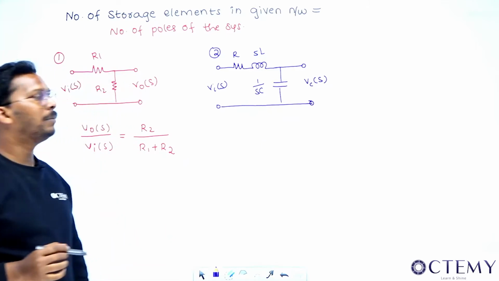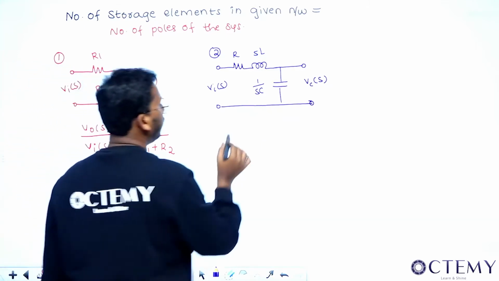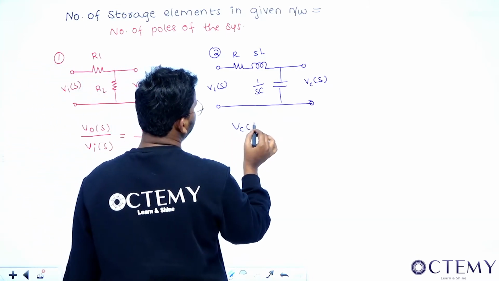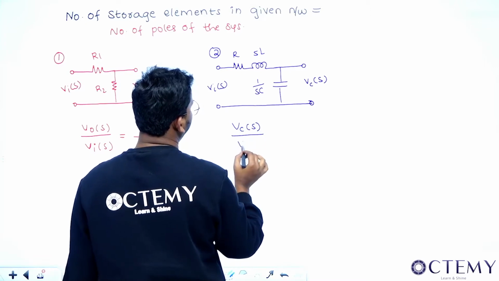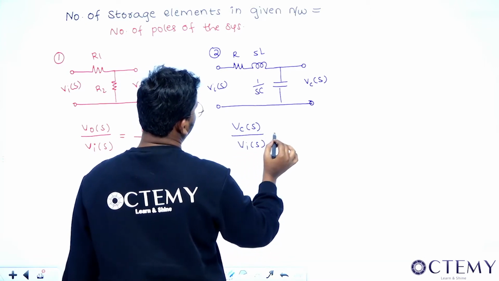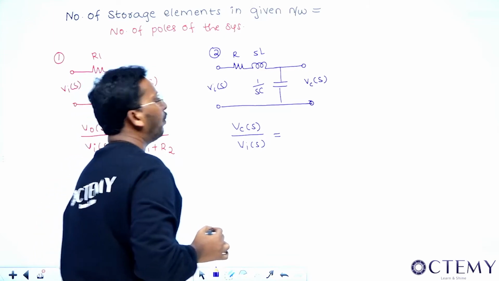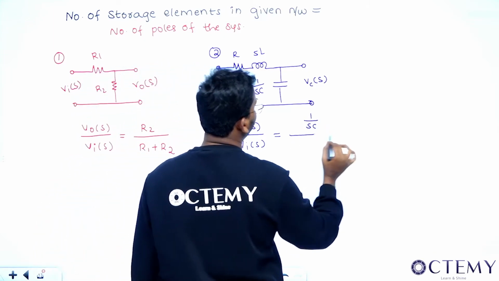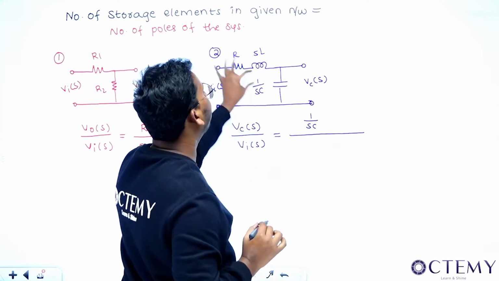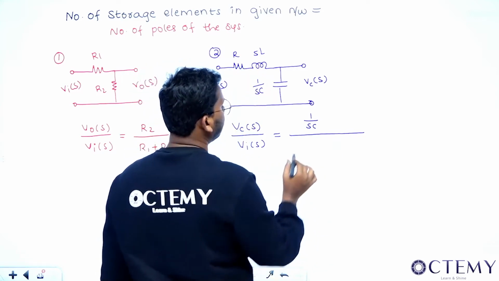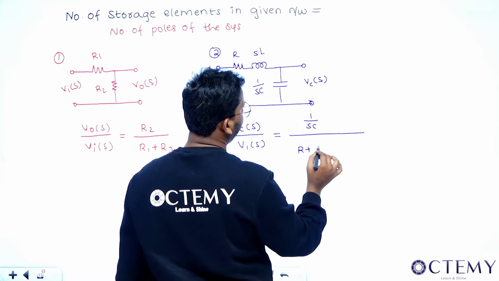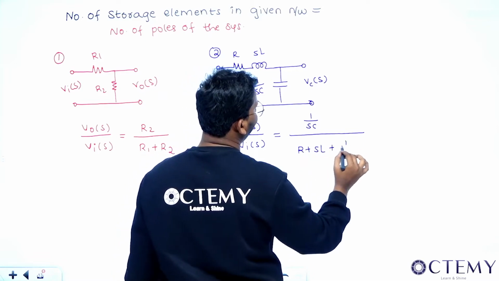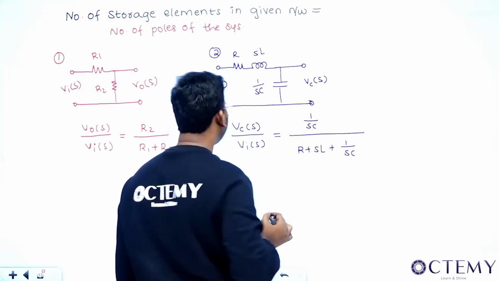Now see sir, what will be your VC of S by VI of S, that is output by input? That will be 1 by SC. Simply I am using the voltage division rule, sir: this impedance by this impedance plus this impedance. So that is R plus SL plus 1 by SC, isn't it?